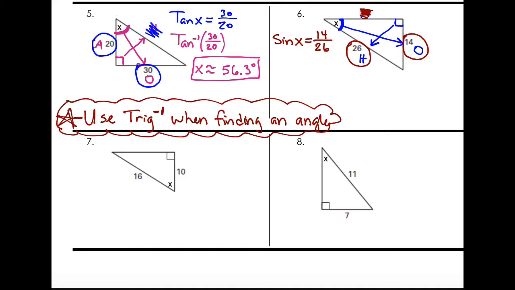So once again, you need to notice that you are finding an angle, and whenever you're finding an angle, you are using inverse trig. So we're going to use inverse sine of that fraction, and that'll give us the angle measure.